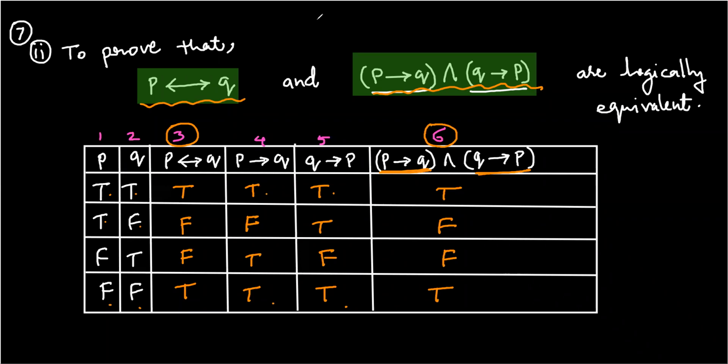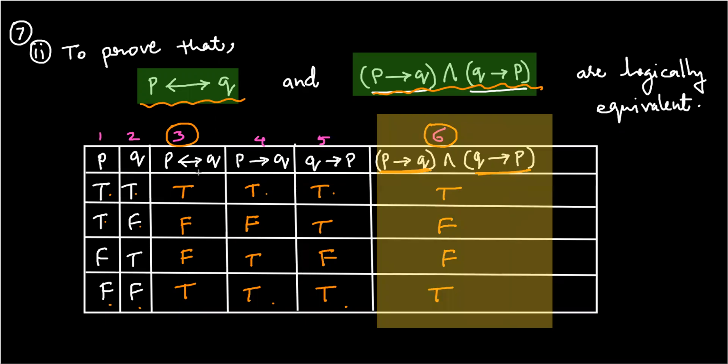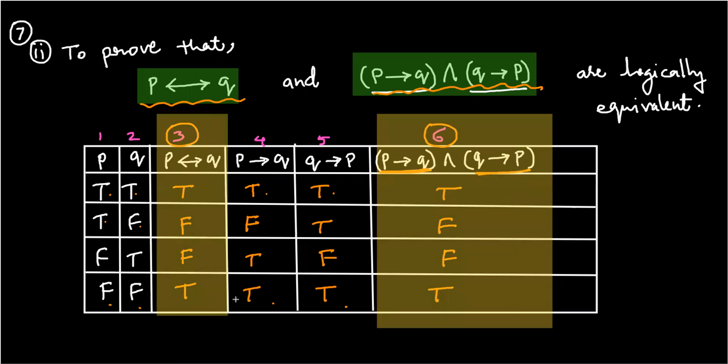Let me highlight these two. So column number 6 and column number 3, you will find that all the entries that you have made in these two columns are identical. True, true, false, false, false, false, and true, true.